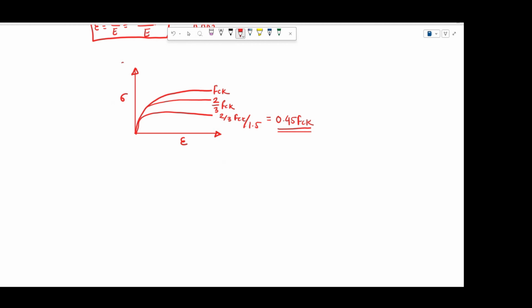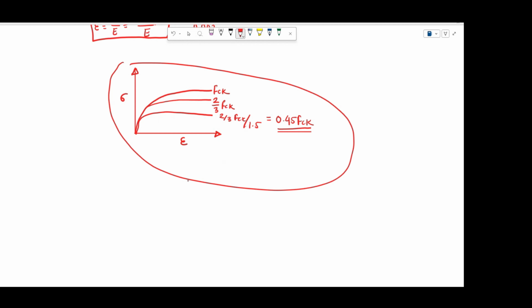Now, whatever I have shown you in this picture, if you just rotate it, just hold on to the concept and try to see what I want to say. We know this is the final value that we are looking at, this 0.45 fck.